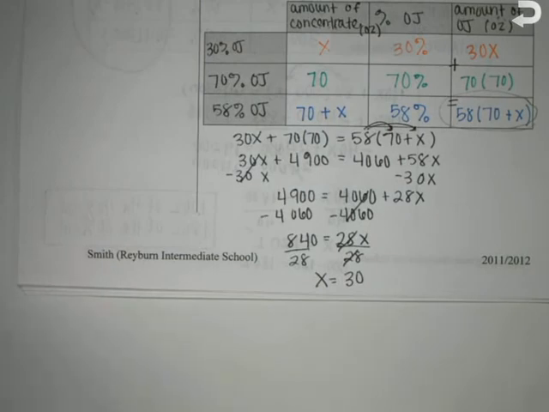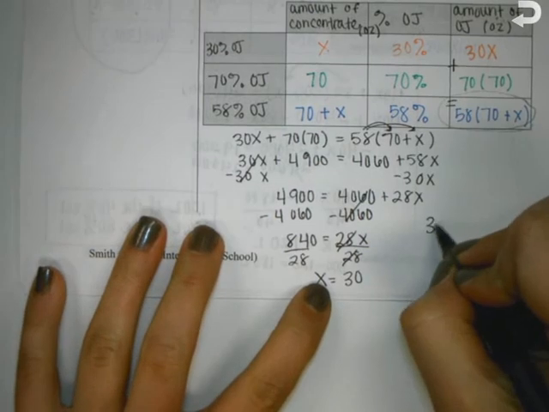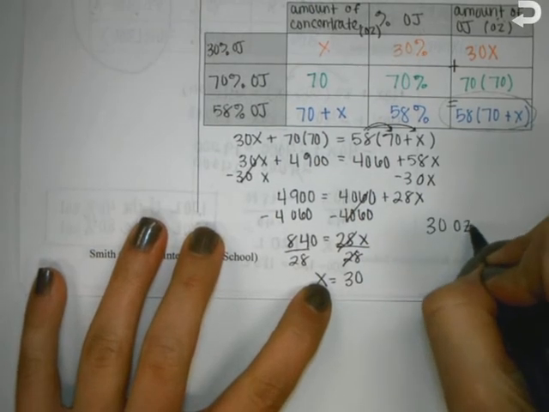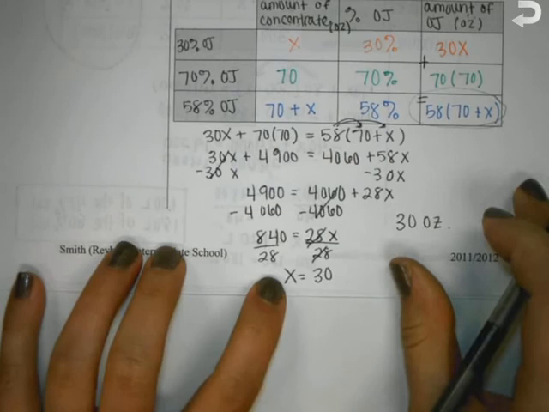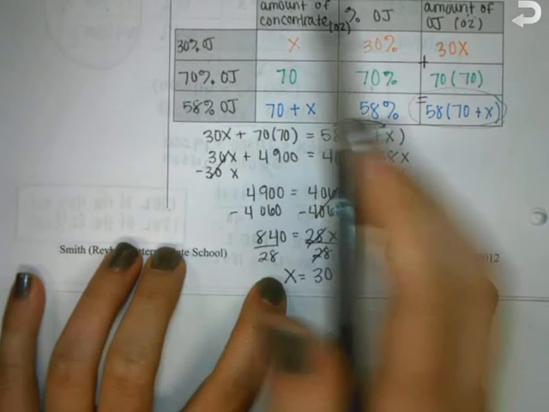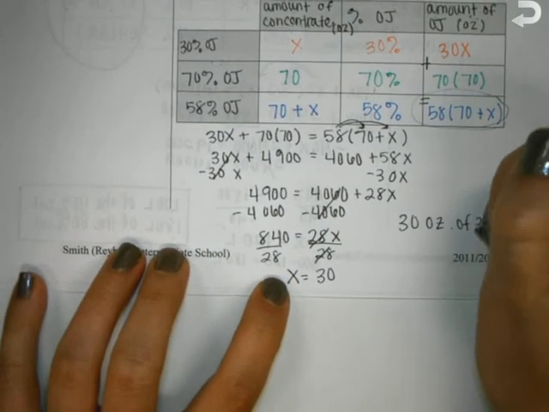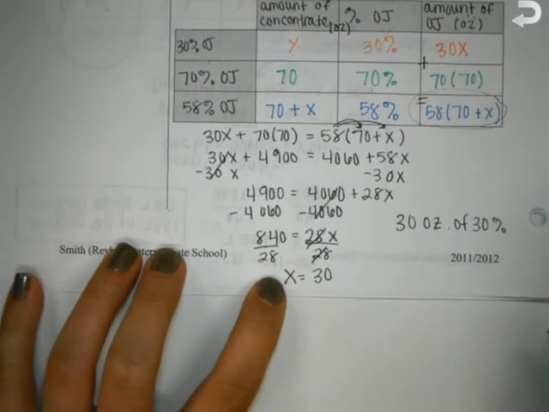So we want 30 ounces of what? Of 30% OJ concentrate. Ooh, whoa, that's right. Okay, so 30 ounces of 30% OJ concentrate.